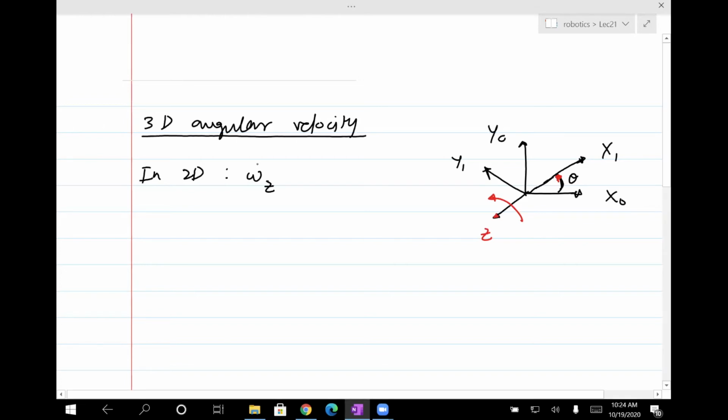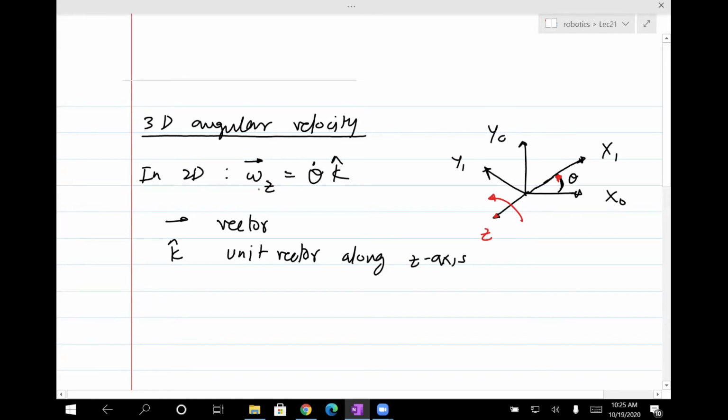So omega z is a vector. The way you show a vector is by an arrow: omega equals theta dot times k. The vector k is a unit vector along the z-axis. So that's just saying that the angular speed along the z-axis is theta dot k, and this is the picture which goes with it.